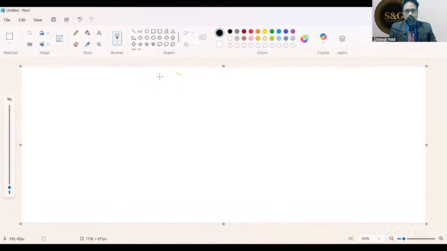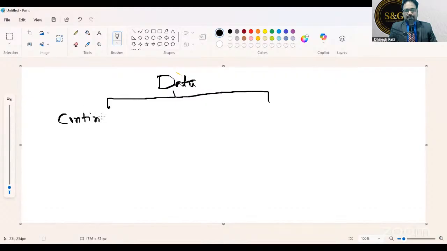Make a note of this. We have continuous data. Continuous data, everybody knows, is data which can be depicted and measured on a continuous scale: length, width, temperature, pressure, speed. All these things are continuous data.